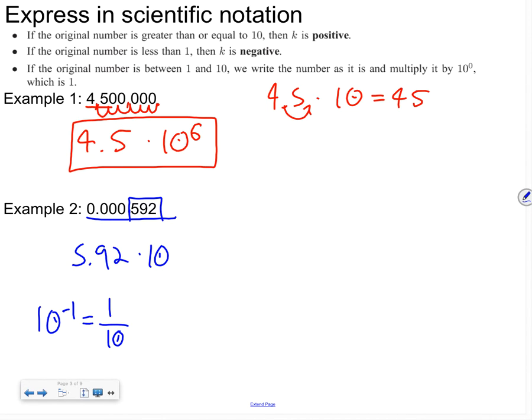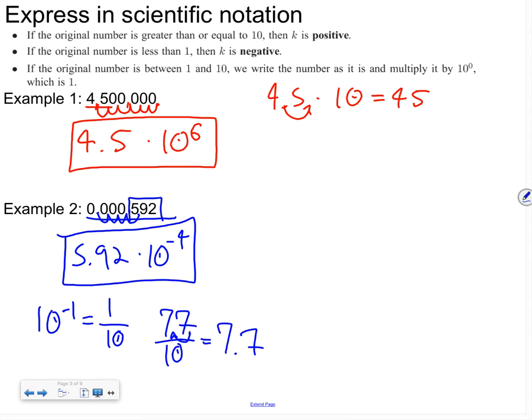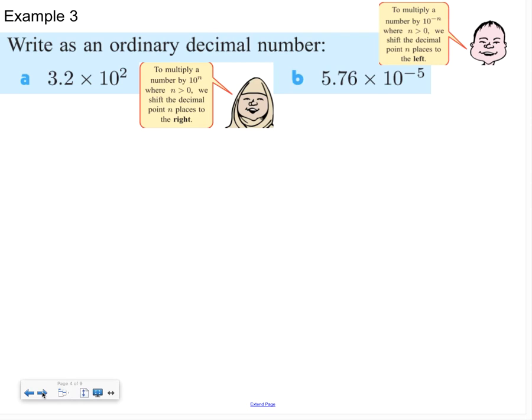If we had a number like 77 and we divide it by 10, that's just 7.7. We have moved the decimal place to the left. So in this procedure, we're going to move it over 1, 2, 3, 4 places, and that's going to be negative 4. So 5.92 times 10 to the negative 4 is that very small number. Notice a negative power here for small numbers and a positive power there for large numbers. Let's look at our next example.